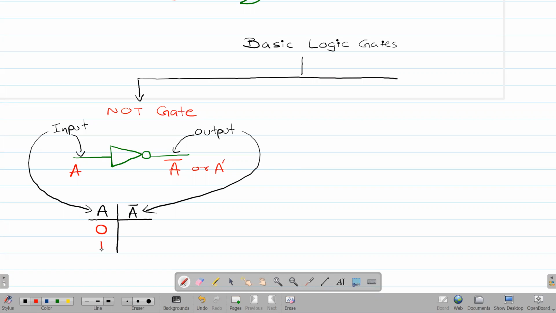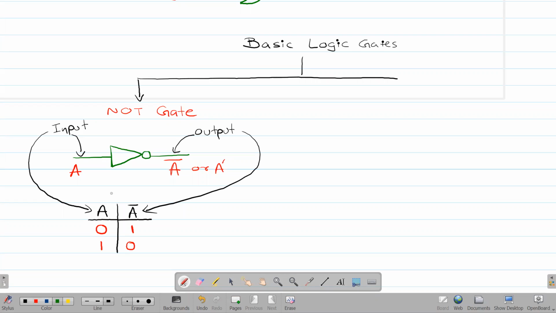So the nature of the NOT gate is, whatever we receive, it is going to invert it to produce the output. Inverting means making the opposite of it. So if a 0 is received, the output will produce a 1. If a 1 is received, the output produces a 0. Right?